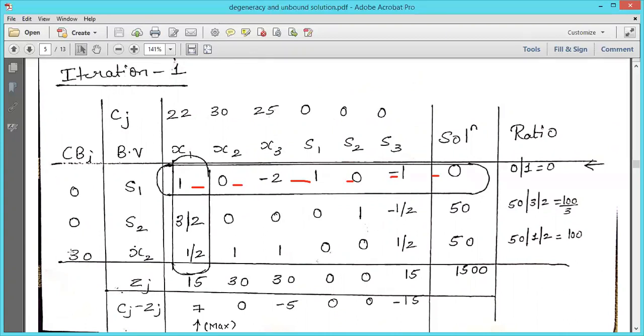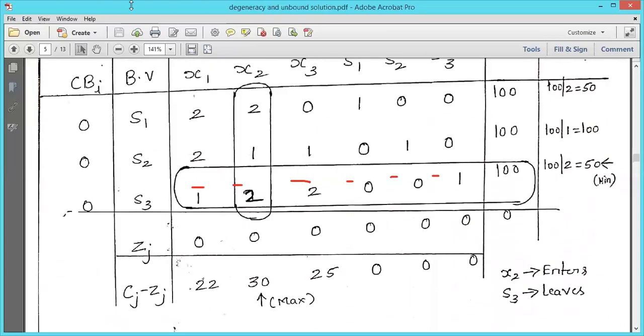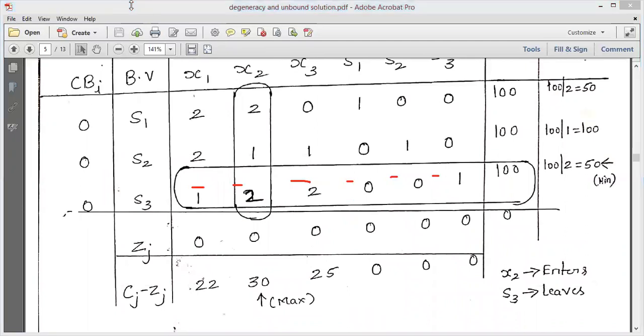So the X2 coefficient is 30 and S1, S2 coefficients are 0, 0. Now the other values have to be made 0.